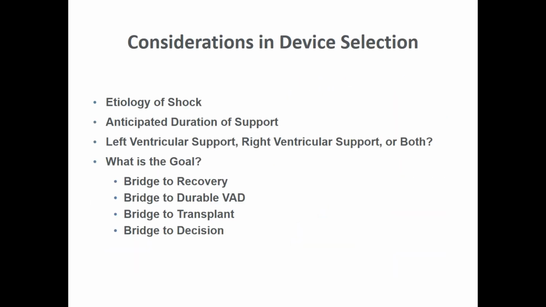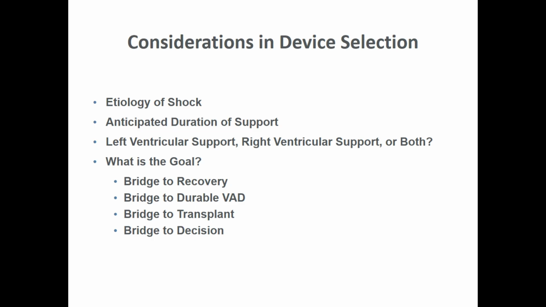So what are the considerations in selecting a device for mechanical circulatory support? Well, one of them is the etiology of shock and the anticipated duration of support, since some devices are more hospitable than others to patient mobilization and long-term use. As mentioned, another consideration is whether patients require support for one or both ventricles, and over time, what is the goal of therapy?